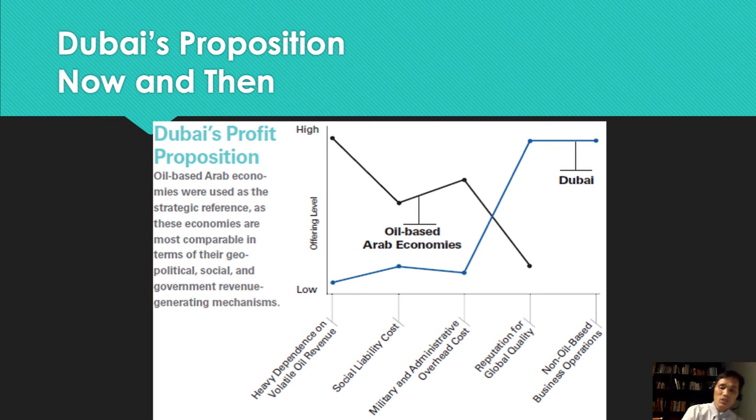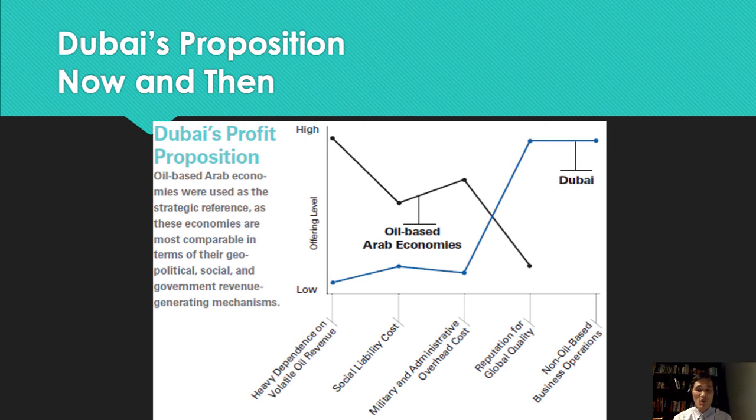As a result, the oil-based Arab economies are dependent on the fluctuations of oil price and have no alternative to oil itself. However, Dubai found an alternative solution through tourism, trade, and cultural influence.